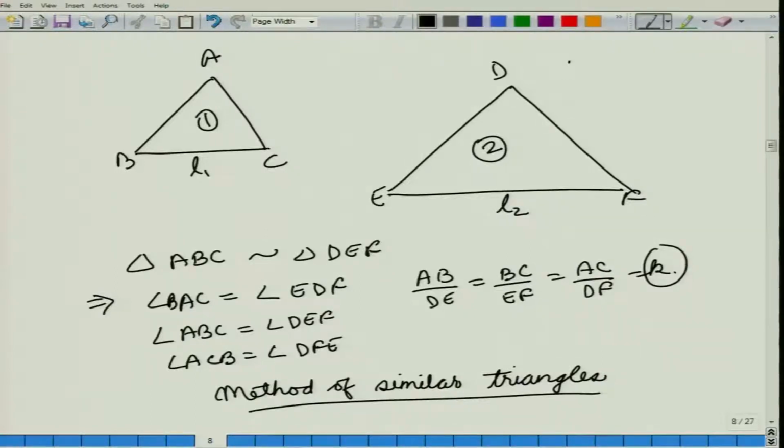So, the steps would be: first, to show that the triangles are similar.